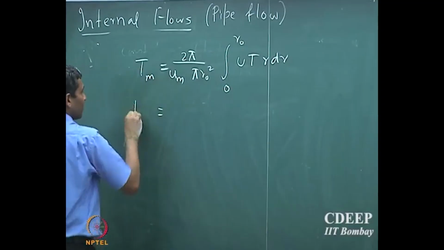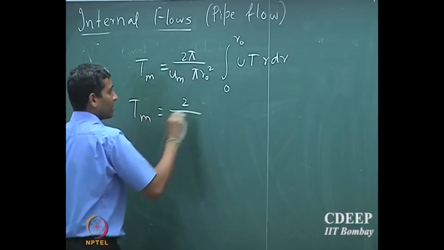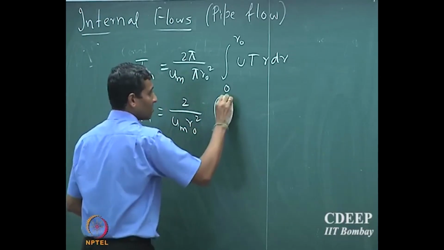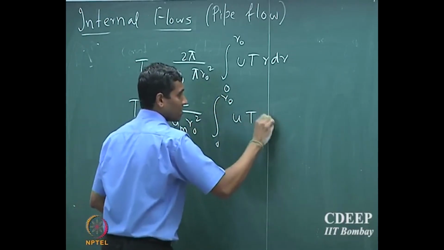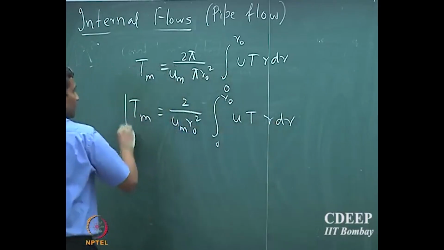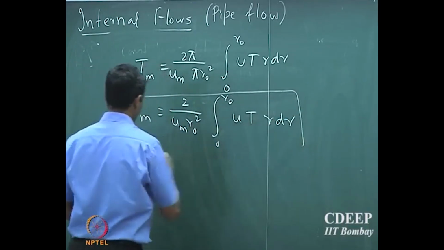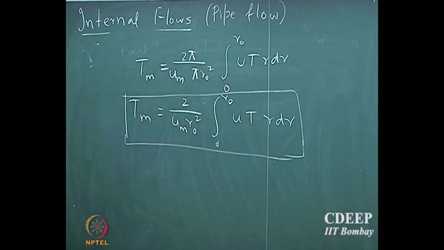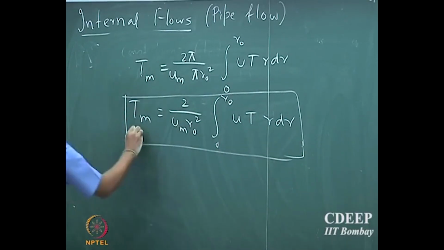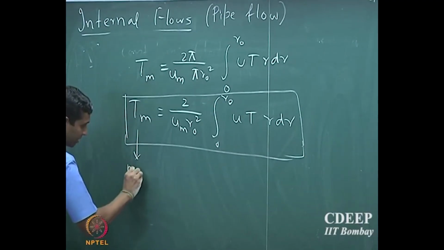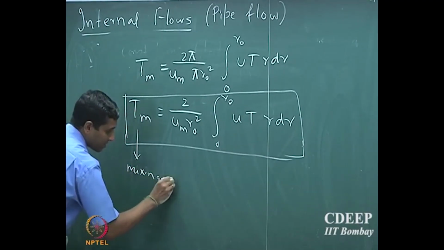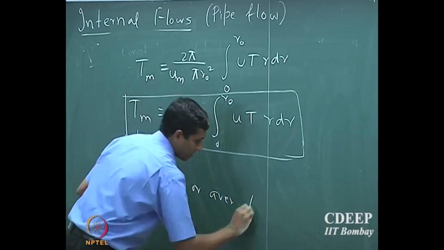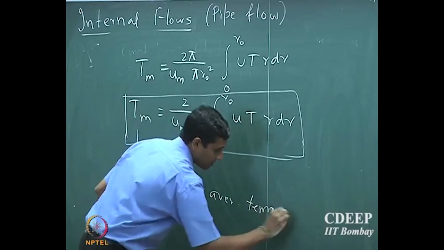So that will be 2 by um r naught square, integral u T r dr. So that's the definition of mixing cup or average temperature profile at any cross section. It's called the mixing cup or average temperature.